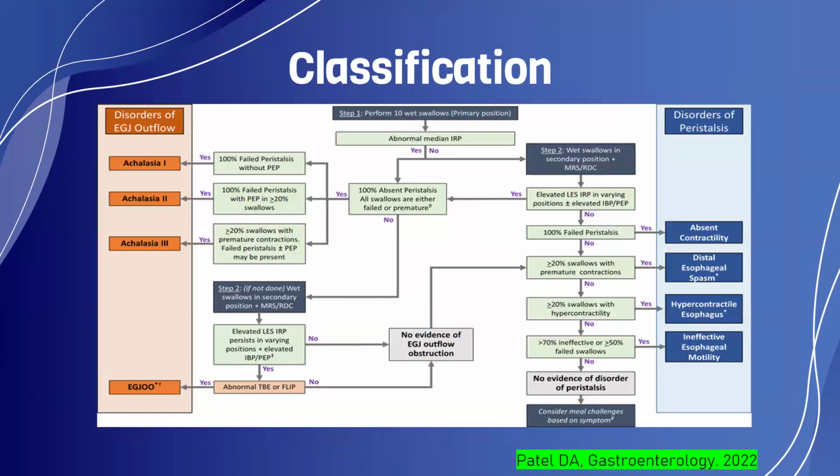According to the Chicago classification, latest version 4.0, they have an approach to interpret the high resolution manometry, and they categorize the motility disorders into either esophagogastric junction outflow disorders or the disorders of peristalsis. The evaluation will begin after 10 wet swallows, and then we will see the integrated resting pressure.